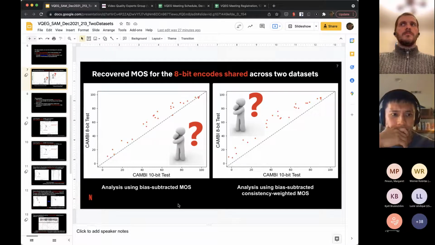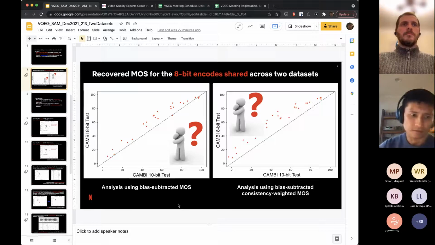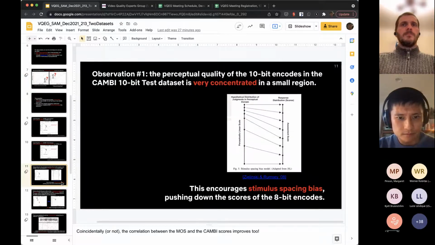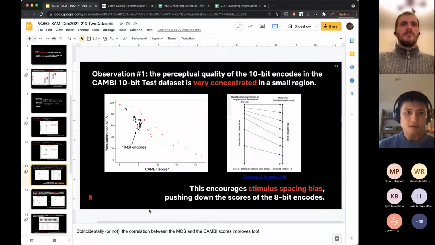Because people will tend to cover the full scale anyway. People will always score in the context of what you give them. So if you create a new data set with a different range of quality, then definitely some of the sequences are going to be moved down.